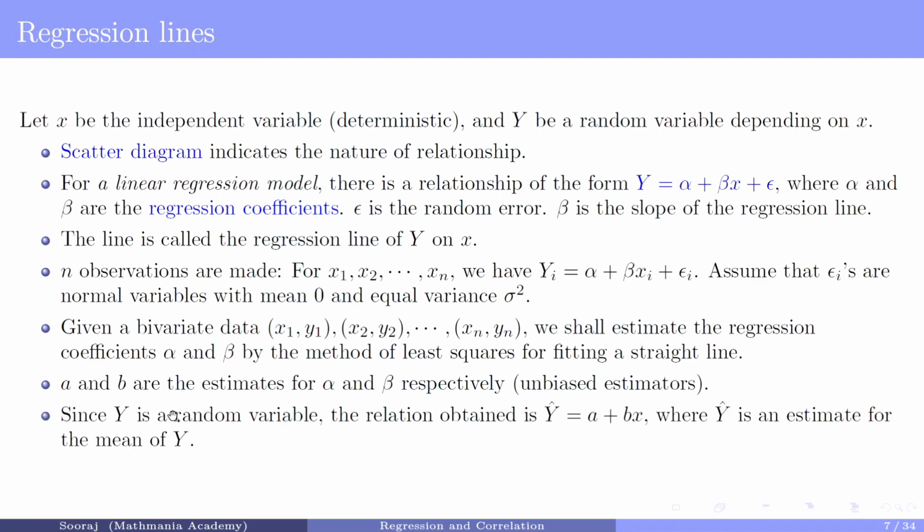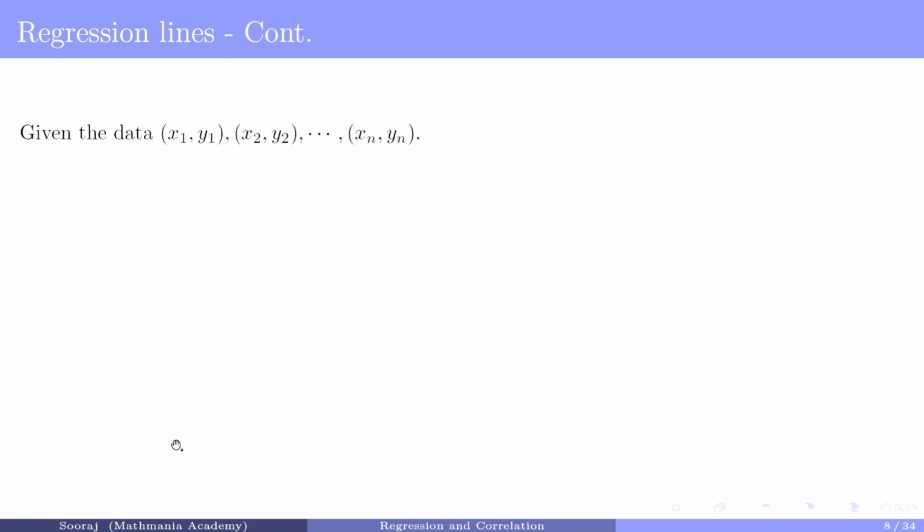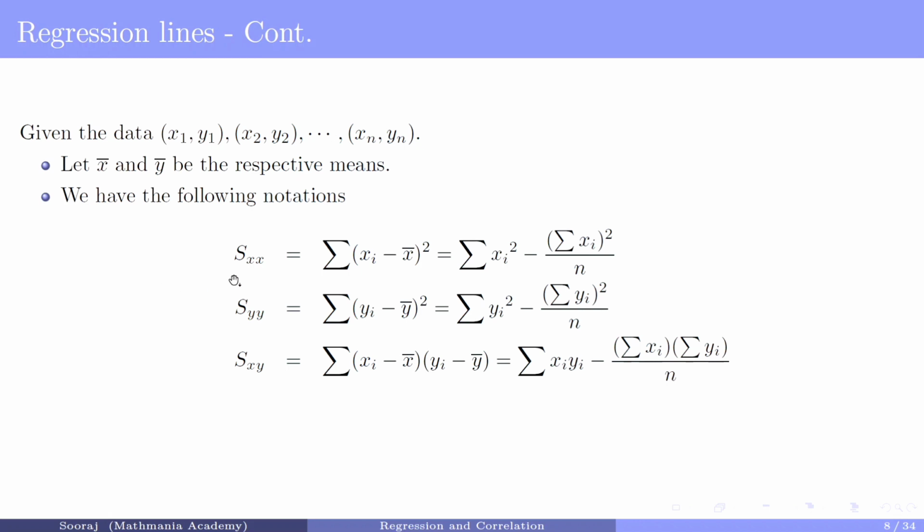Since y is also a random variable, the relation obtained would look like this: y hat is a plus bx, where y hat is an estimate for the mean of y. Once we have the data, we can find out the means that are denoted as x bar and y bar, and we have the following notation. Sxx is summation xi minus x bar whole square.